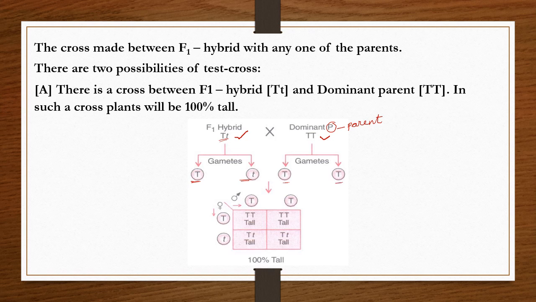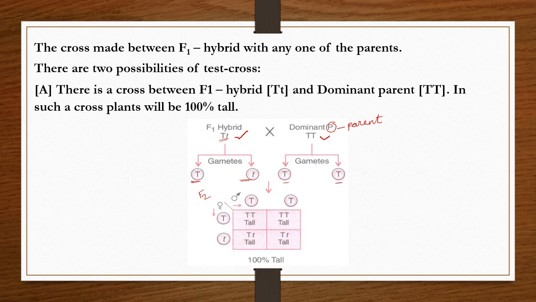Then when the cross takes place, in the F2 generation you can identify that all plants are tall. Of these, 50% of plants are homozygous tall and 50% are heterozygous tall.